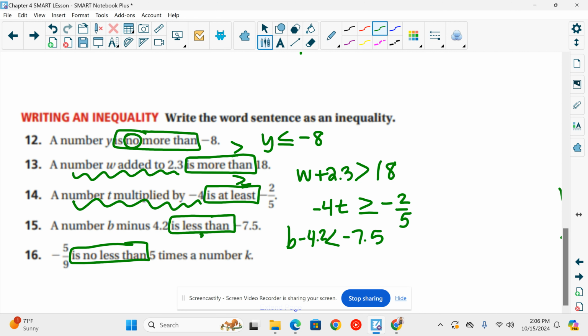Because if I look at less than, it's going to be the less than symbol, right? But it says no less than, so it means like not less than. So if it's not less than, it has to be greater than or equal to. So negative 5/9 is greater than or equal to 5 times k.